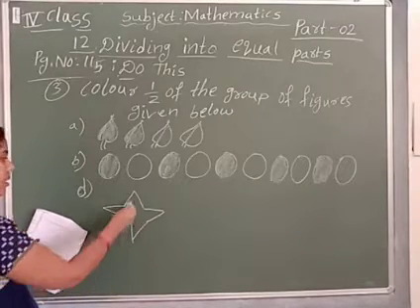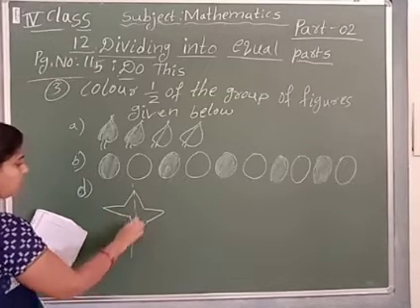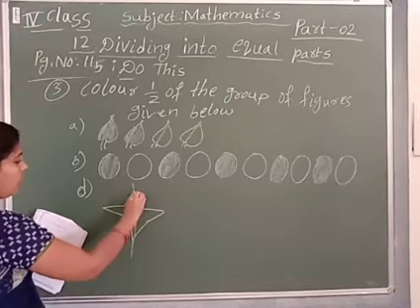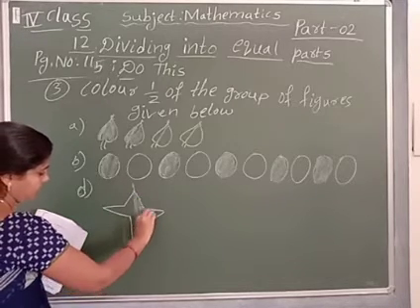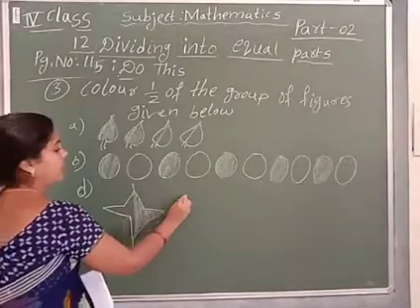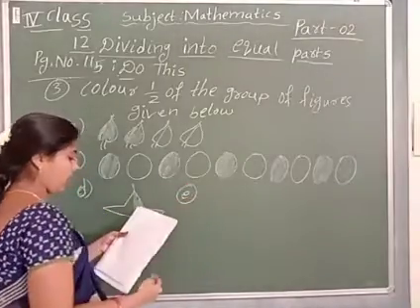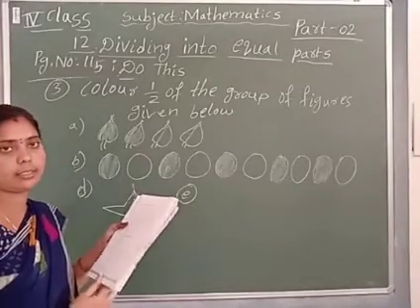Okay, this one is the half part. This is the half part. So you will shade the half part. This is the half part. Then E1. I am not drawing C1. You only draw those 6 flowers.